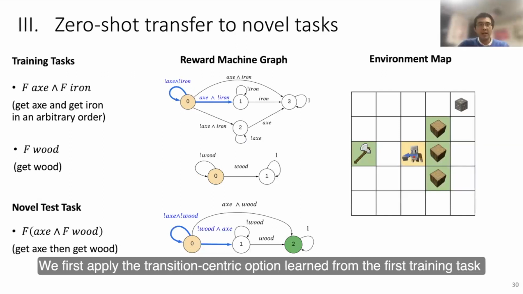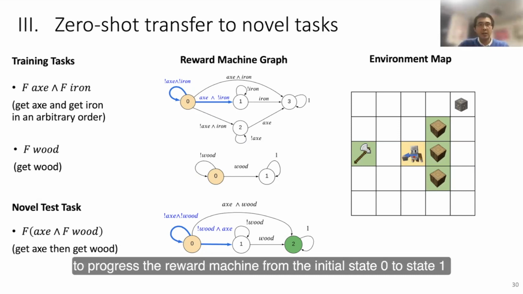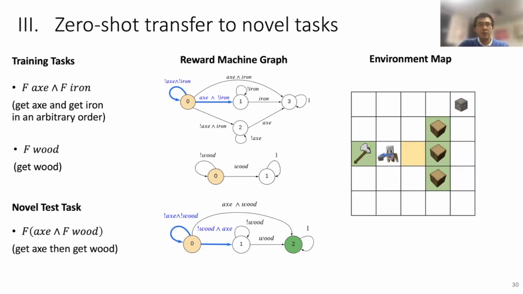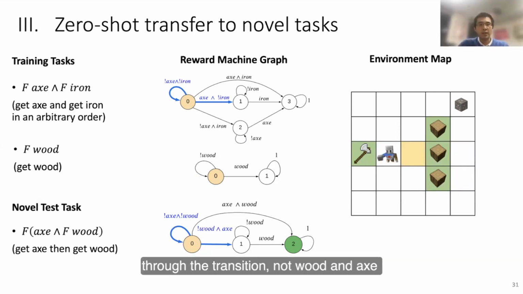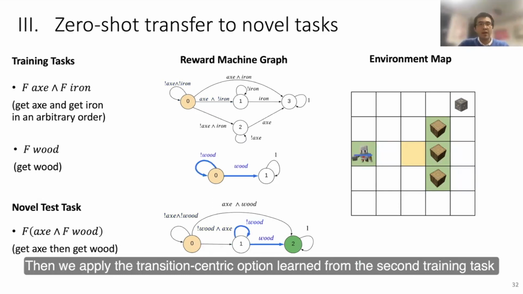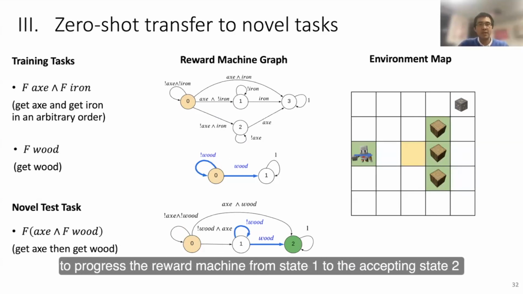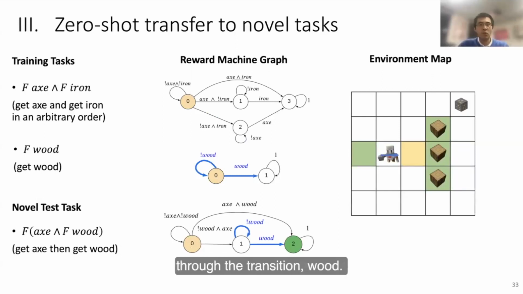We first apply the transition-centric options learned from the first training task to progress the reward machine from initial state 0 to 1 through the transition not wood and X. Then we apply the transition-centric option learned from the second training task to progress the reward machine from state 1 to the accepting state 2 through the transition wood.